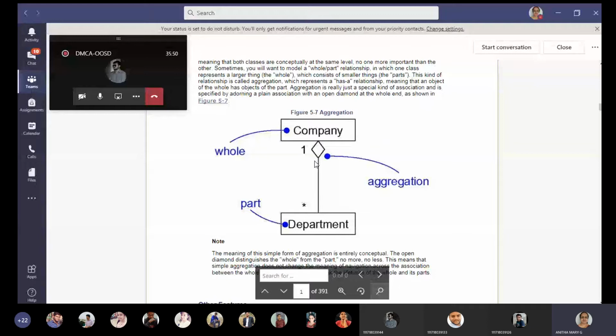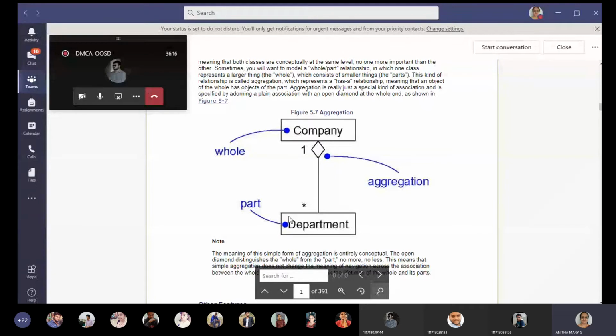Aggregation is drawn as a solid line with a diamond symbol pointing to the whole. Here is the same example I just told you: company and departments. A big large-scale industry, you can say it is a company, which works as a whole, and in that there may be any number of departments.